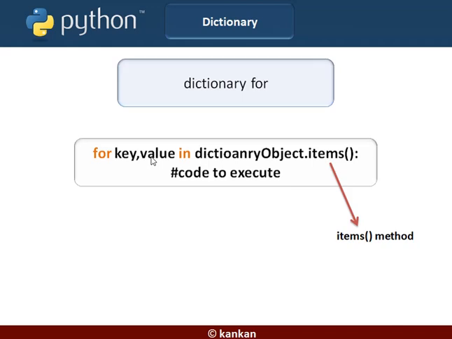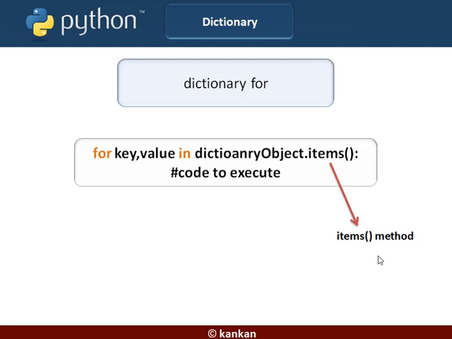Value is the value, that is the second part of the pair of the items. In is the keyword, and that will be found within the dictionary object by accessing the items method. Clear? Okay.